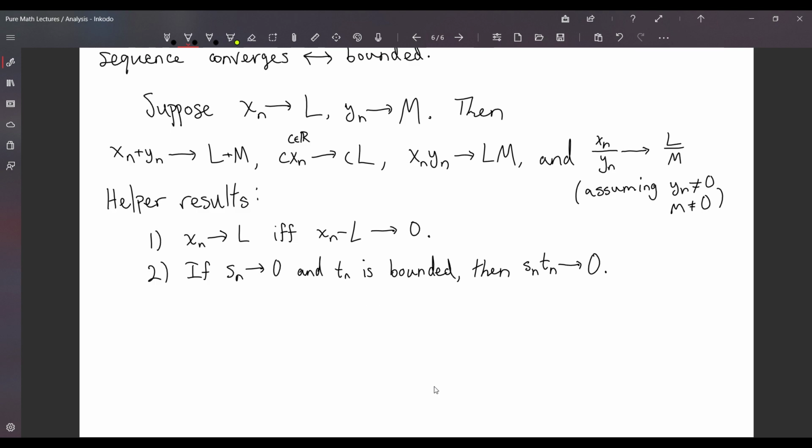The only way this wouldn't go to 0 is if T sub n was going towards infinity, in which case infinity and 0 would sort of fight each other. Of course, I'm speaking in not rigorous language there, but just to give you a picture. So this result should make sense, basically, is what I'm saying.